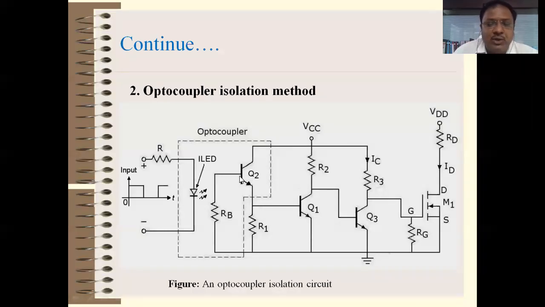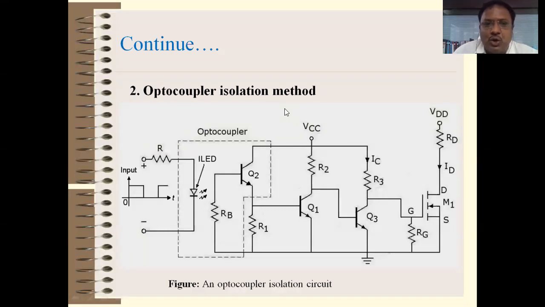So transistor Q2 turns on. If transistor Q2 turns on, it's basically an emitter follower. So current flows through the emitter, and voltage will drop across the resistor R1. If this voltage is greater than 0.7, transistor Q1 turns on. Transistor Q1 turns on.